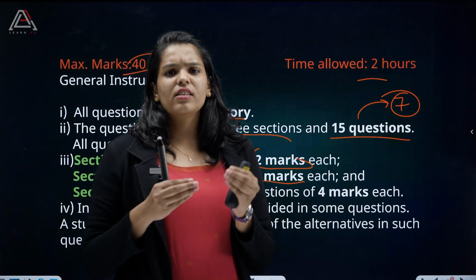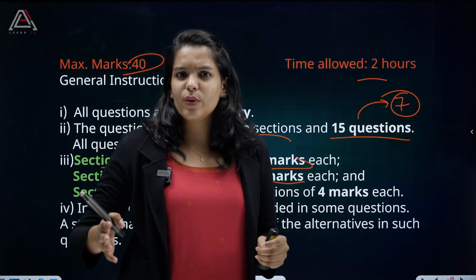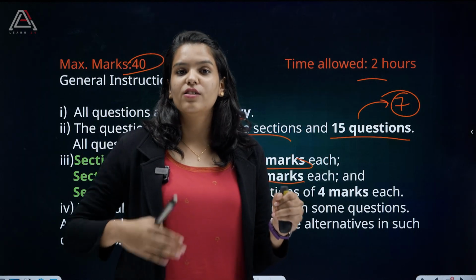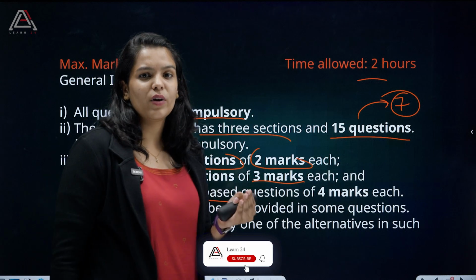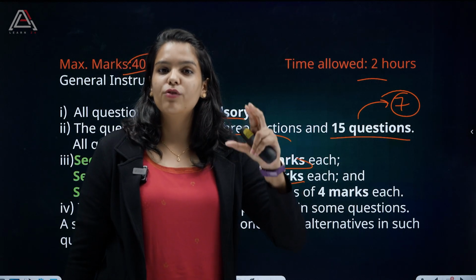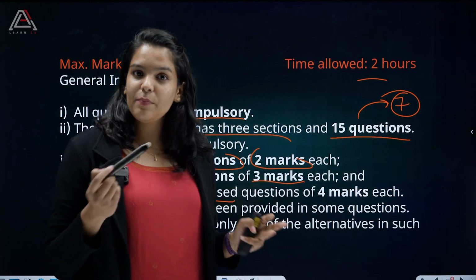The questions can be of different types: direct questions, or you will be given a condition and asked a question from it, or there will be a case based question. What is a case based question? Basically you will be provided a paragraph with some information and the questions will be asked related to that paragraph.